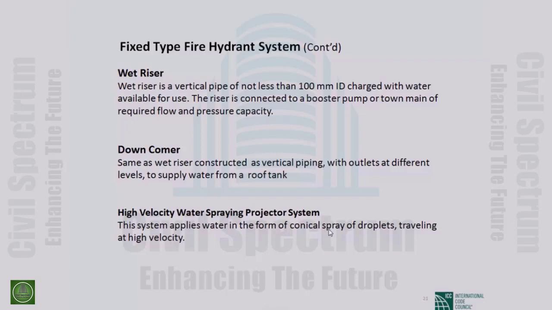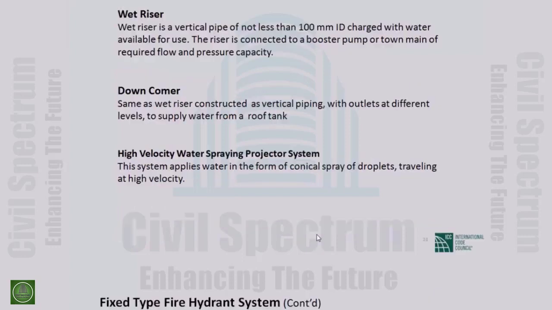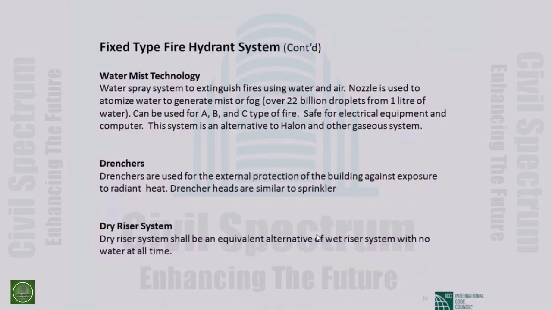You understand, the smaller the size of particle you can spray, the more area you can cover, and the more effective it will be for extinguishing your fire. So the finer the particle, the more area you can cover with less water, and the more effective the fighting system.